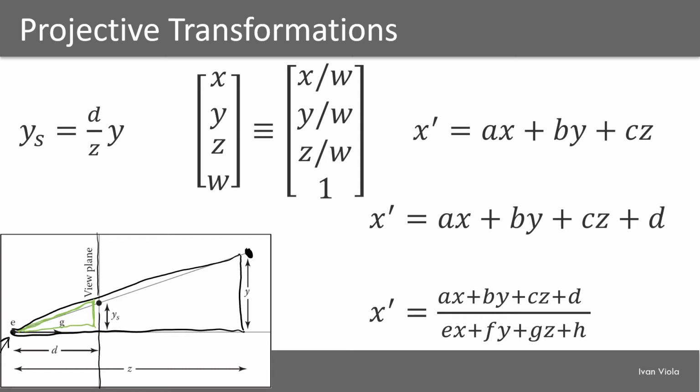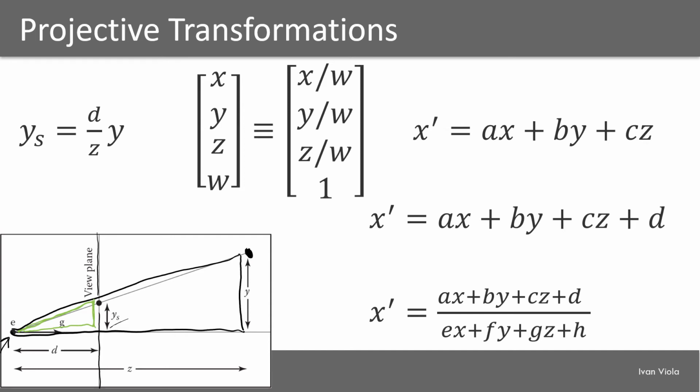Now let's go back to our discussion of the similar triangles. So we can see that there is a triangle defined by Z, Y, E, and then there is a triangle defined by D, the distance from E to the viewing plane, then the projection coordinate of the Y, the YS, and then E again. So the question is now, what is YS?